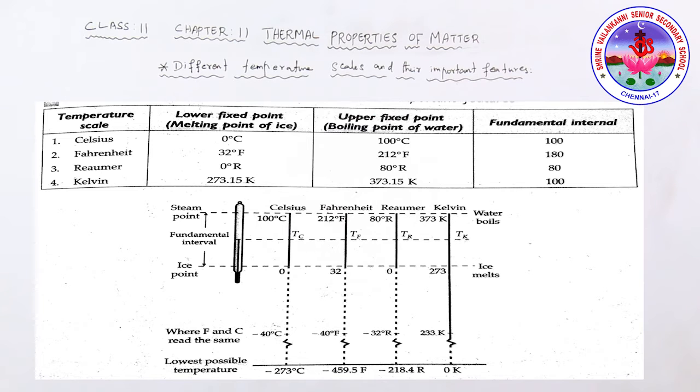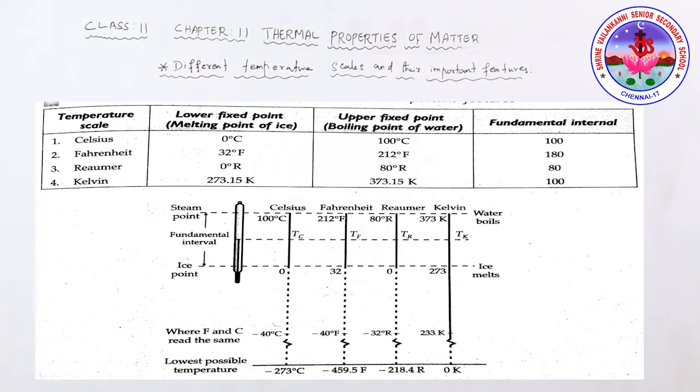For Fahrenheit, the melting point is 32 degrees Fahrenheit and the boiling point of water is 212 degrees Fahrenheit. Then the next one is Reaumur, with 0 degrees at the melting point and 80 degrees at the boiling point. For Kelvin, the melting point is 273 Kelvin, and the boiling point is 373 Kelvin.